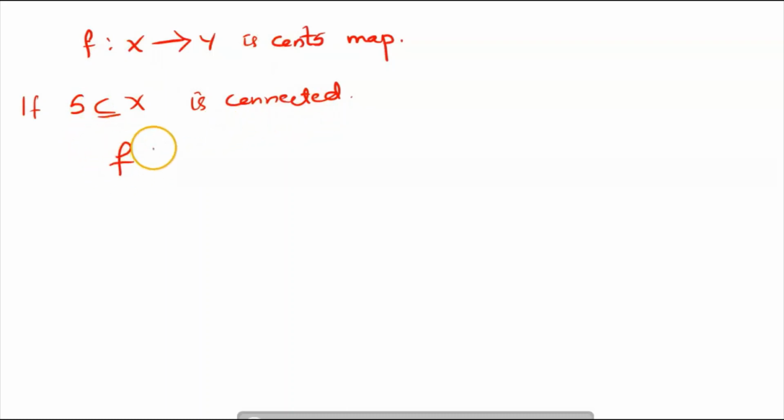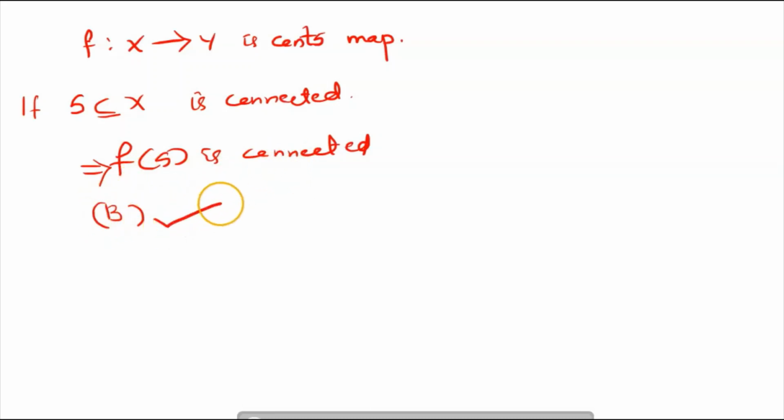That is, f of S is connected. If S is connected, then f, being a continuous map, maps connected set to connected set. So if S is connected, then f of S is also connected. So option B is true.